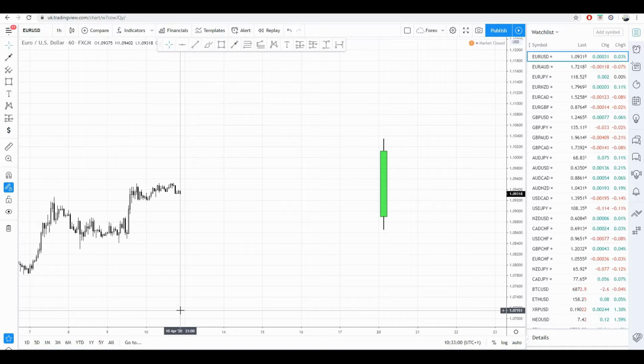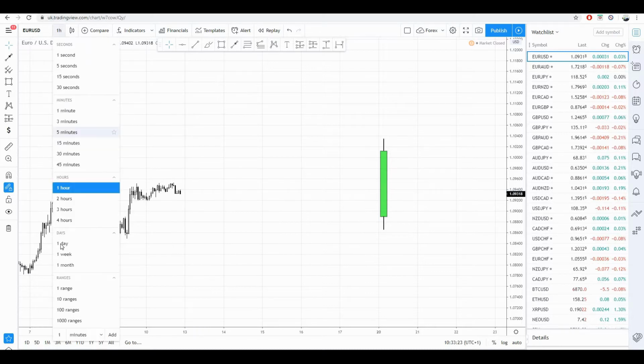So last candlestick close was the 9 o'clock candle on the 10th of April. The one before that, 8 o'clock on the 10th of April, 7 o'clock, 6 o'clock, 5, 4, 3, and so on and so forth. So each one of these represents price action within an hour trading range.